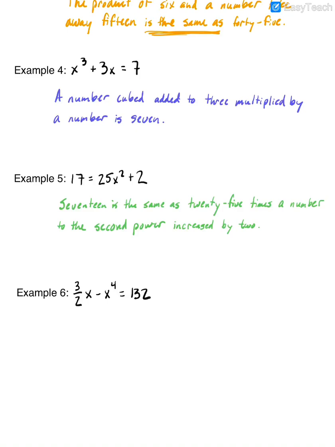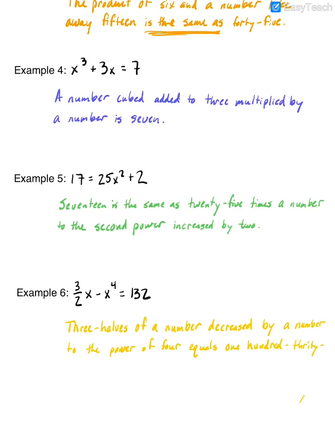Then this last one we can say, now you could say 3 divided by 2 if you wanted to, but a shorter way is 3 halves of a number, remember of means multiplication as well, decreased by a number to the power of 4 equals 132.